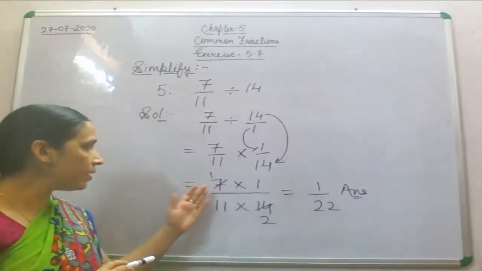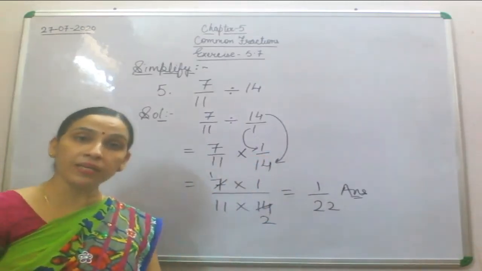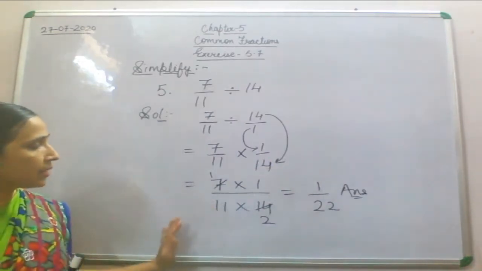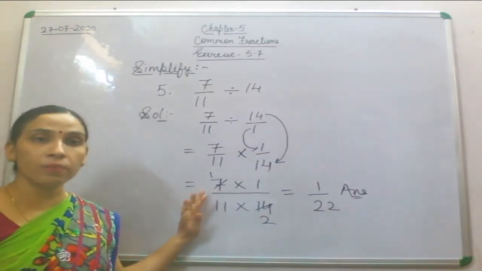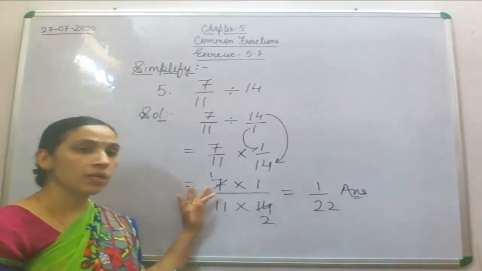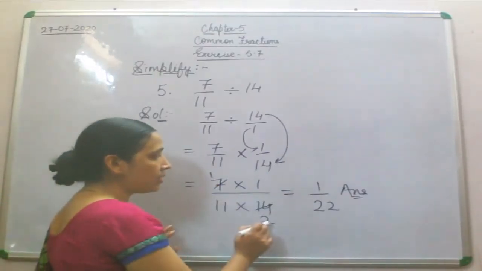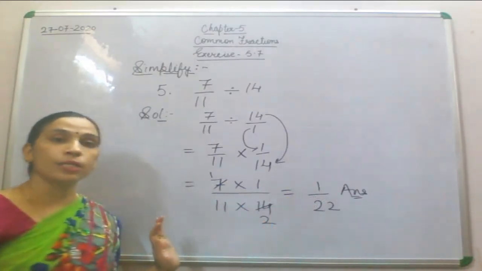Now numerator will be multiplied by numerator and denominator by denominator. After multiplication, we have to reduce it. If we find any common factor, we reduce it and change it into lowest terms. Now 7 ones are 7 and 7 twos are 14. So this will become 1 by 22.